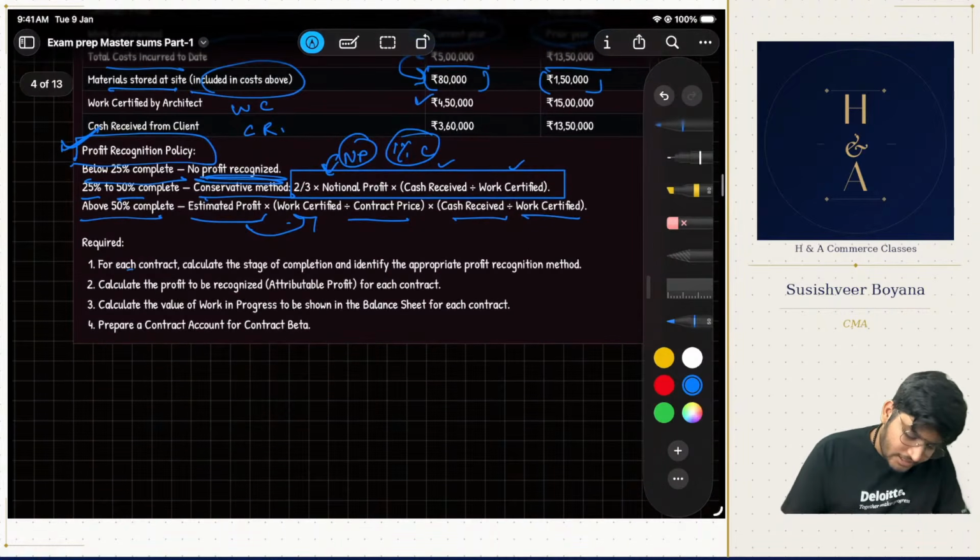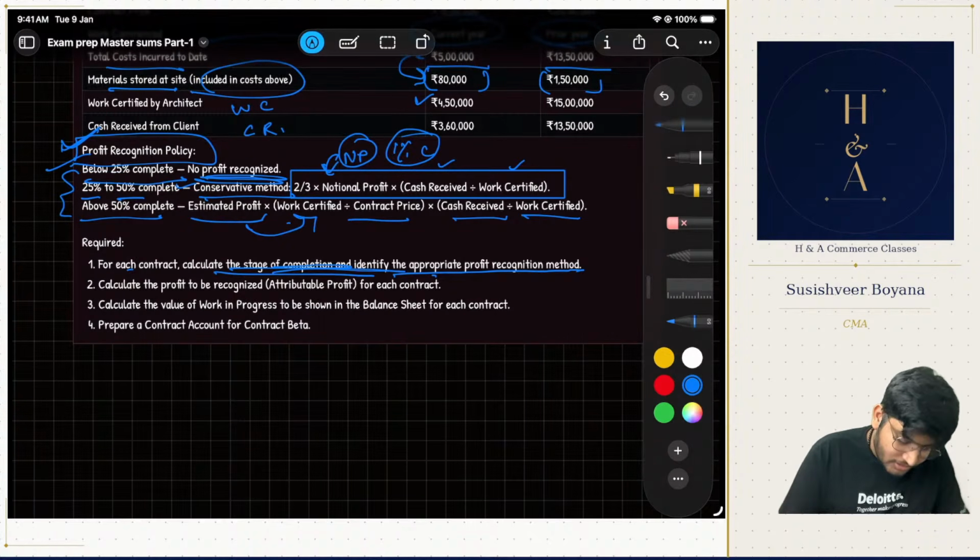For each contract, calculate the stage of completion and identify the appropriate profit recognition method. Once you get the percentage of completion based on this criterion, you have to understand whether it is the conservative method, the no recognition of profit method, or we go for above 50%. Calculate the profit to be recognized, that is attributable profit.